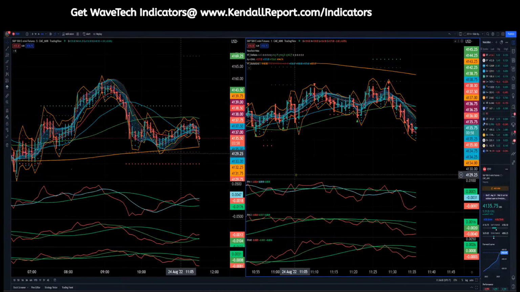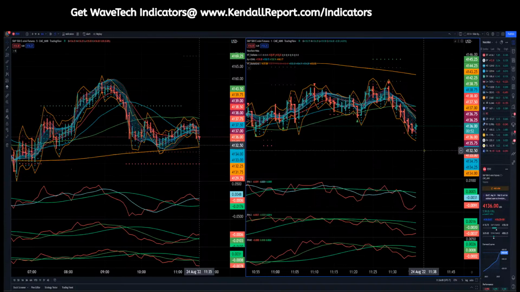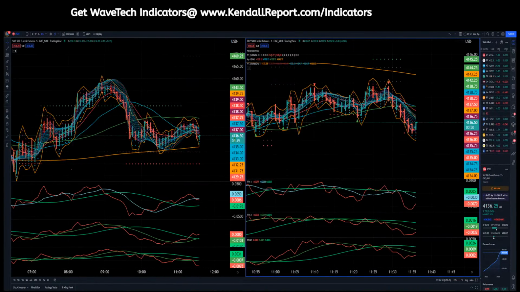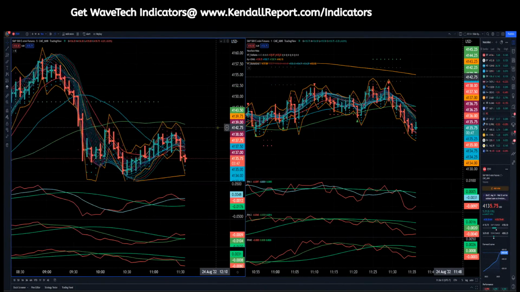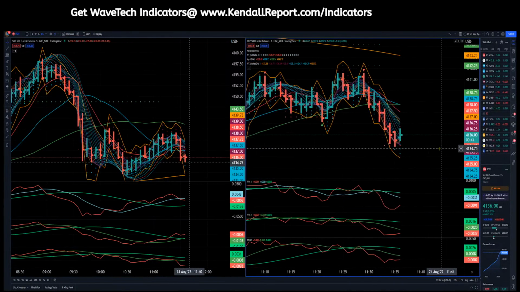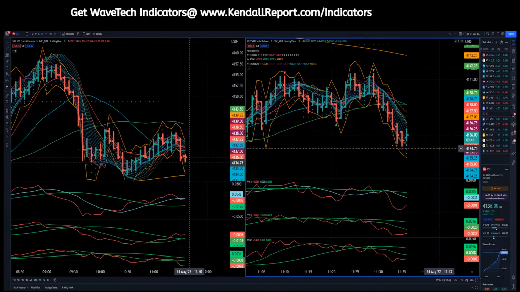The 200 is in orange. We've got red, cyan, and green for 10, 21, 40. And I also have the webs on here. I'll expand this out just so you can see the webs a little bit better. I'll talk about it as the patterns unfold, and I'll show you how to read some of these.